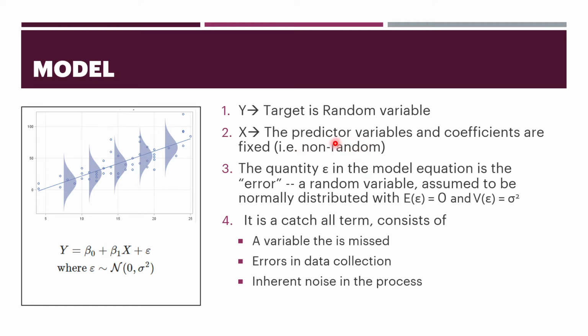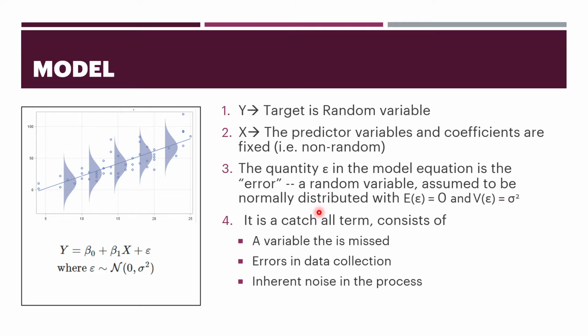That means their values don't change. The quantity epsilon is the error term, which is a random variable again, assumed to be normally distributed, as we had discussed, with a mean of 0 and a variance of sigma square. This error term is the most important term.